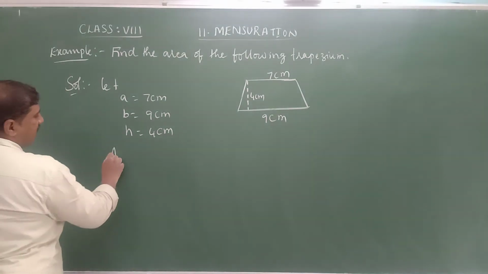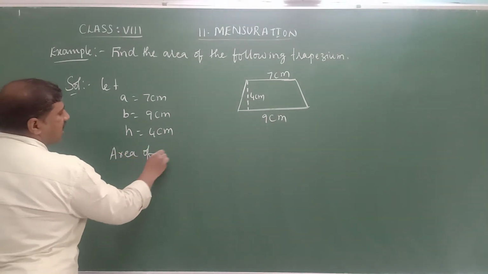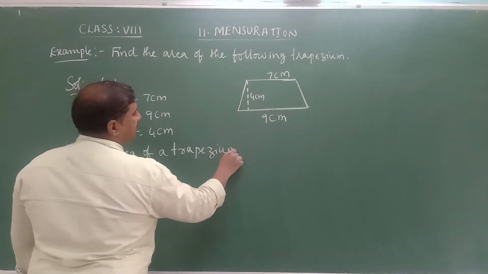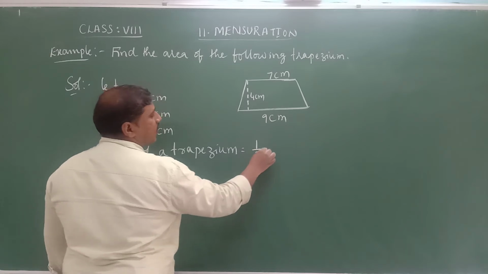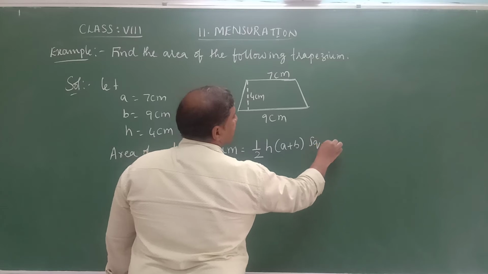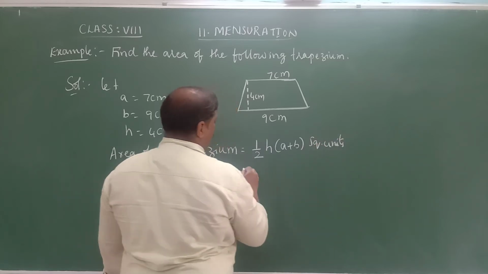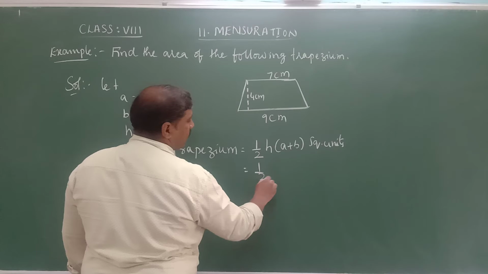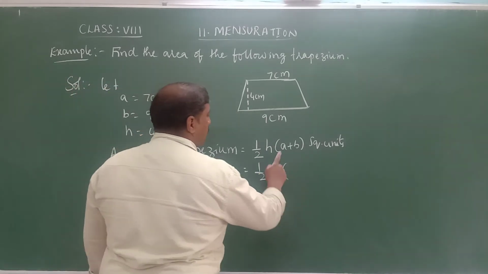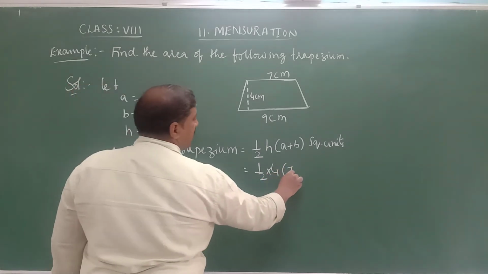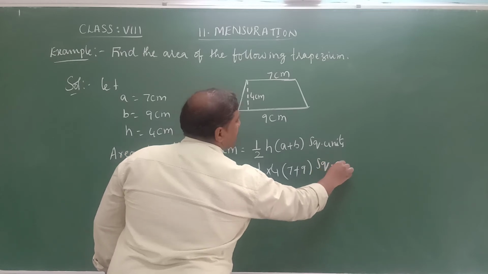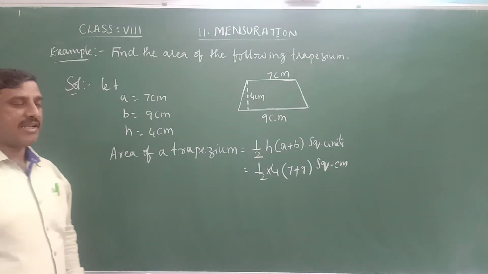Now the area of a trapezium formula. Area of a trapezium is equal to half into h into (a plus b) square units. That is half into h, which is 4 centimeters, into a, which is 7, plus b, which is 9, square centimeters.